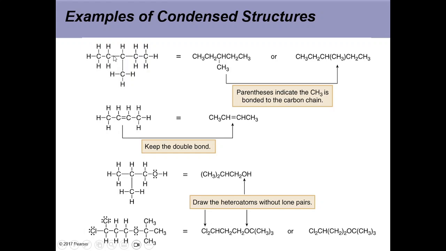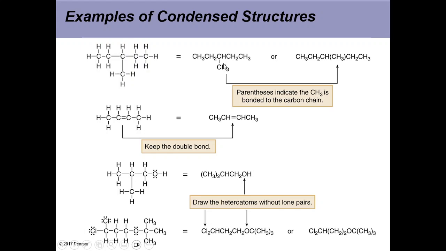CH3, CH2, CH, and then on this CH, there's another CH3 attached. And then on the other side, you have CH2, CH3. So the condensed structure will look like CH3, CH2, CH, CH2, CH3, and then on the CH there will be another CH3.